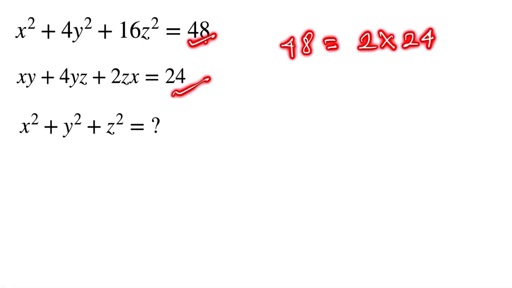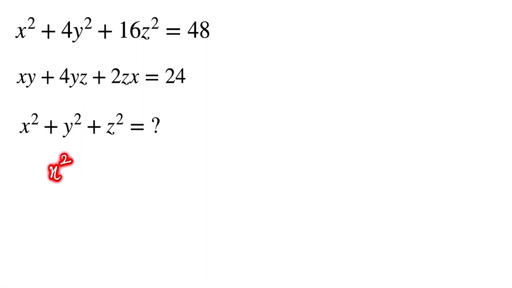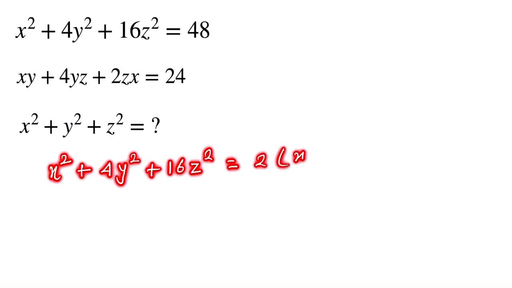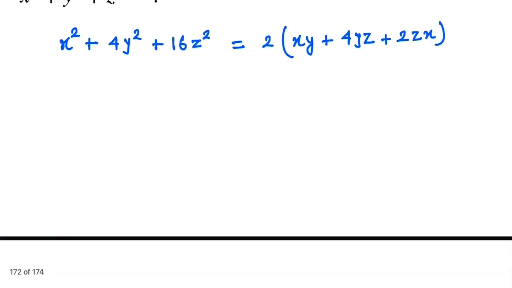Here this 48 is equal to 2 into 24. It means when we multiply the second equation by 2, it is equal to the first one. So x square plus 4y square plus 16z square is equal to 2 into (xy plus 4yz plus 2zx), which is 2xy plus 8yz plus 4zx.